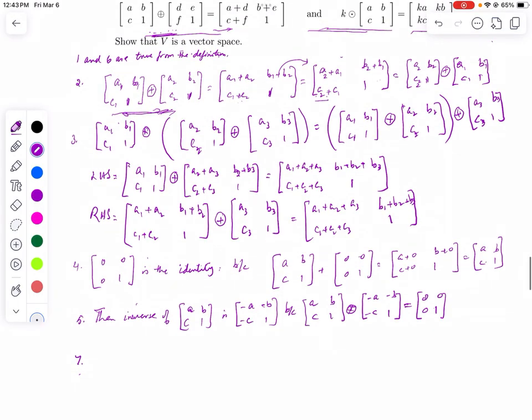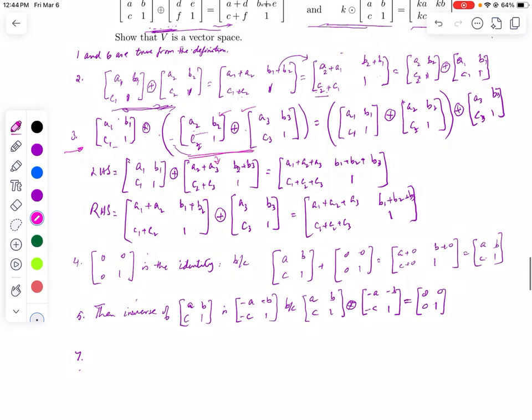The third property, the associativity. So we have one vector here, and first we add these two in the parentheses, which will give me a2 plus a3. What we are checking is this statement: this vector plus the parentheses, the sum of these two, is equal to the first two combined first and then adding the third one.